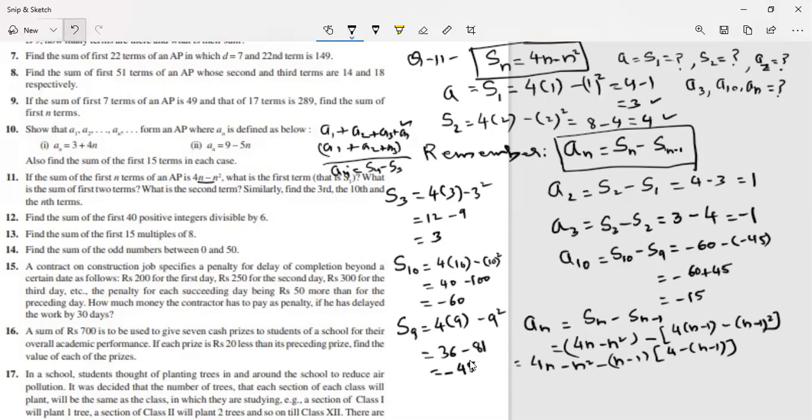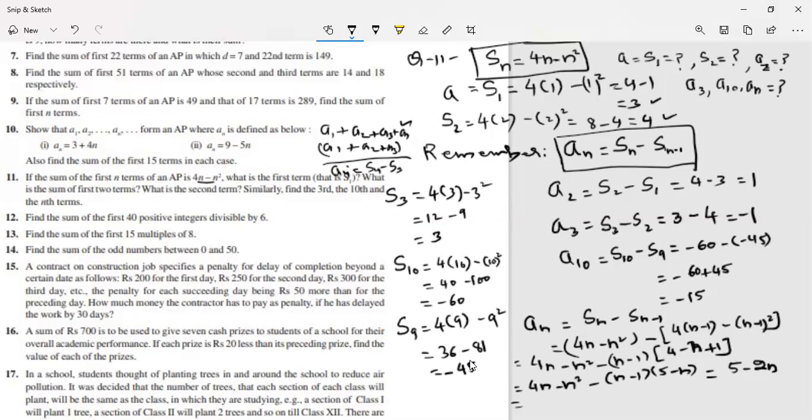So 4 minus n plus 1, that is 5 minus n. Ultimately you can solve it: n minus 1 multiplied with 5 minus n. Multiply these two and solve it. At last you will get 5 minus 2n.